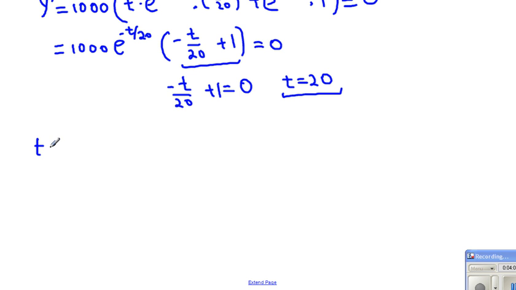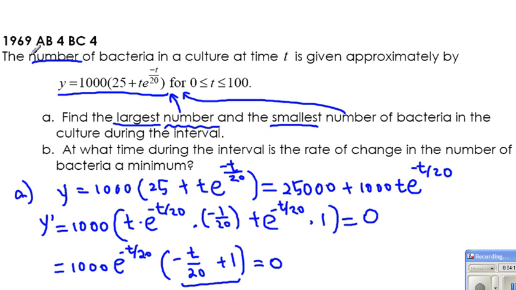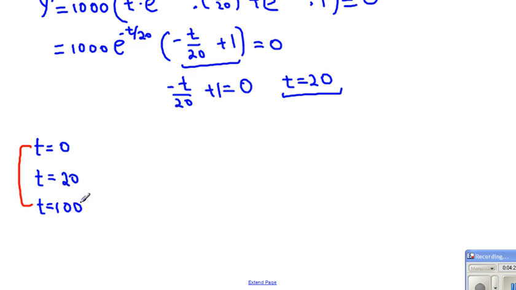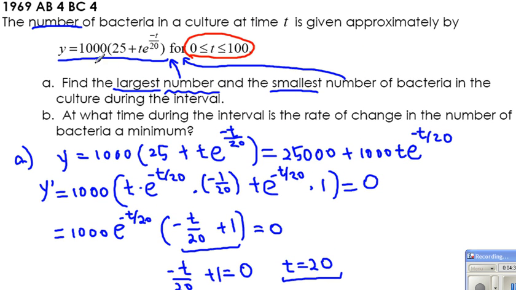The endpoints are t equals 0 and t equals 100, from the interval that's given in the beginning, right over here. So let us plug each of those values into the expression right here, and then we'll figure out the rest.